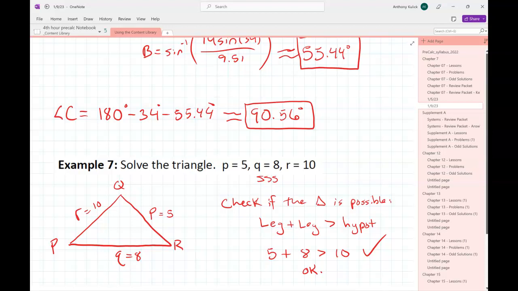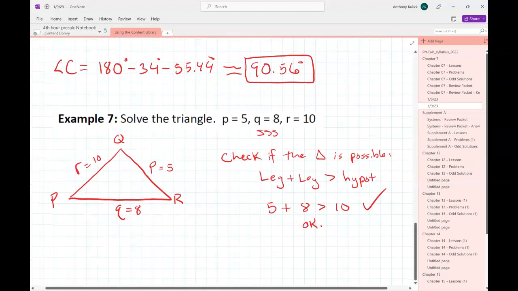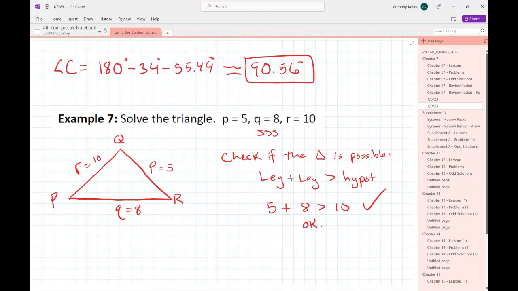All right. Now, it's possible for me to solve for any of the three angles first. Do you suppose it matters which one I solve for first? It does.